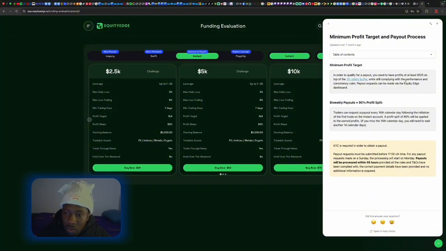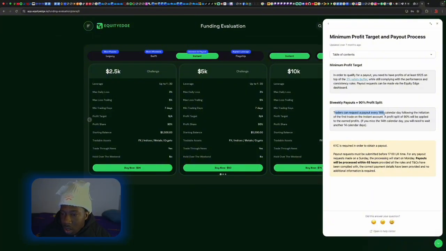So I need to trade a buffer, and then I'll trade my profits, while still complying with the performance and consistency rule. Payout requests can be made via the Equity Edge dashboard. Bi-weekly payouts plus 90% profit split.